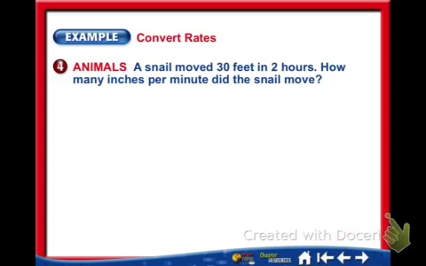A snail moved 30 feet in 2 hours. How many inches per minute did the snail move?